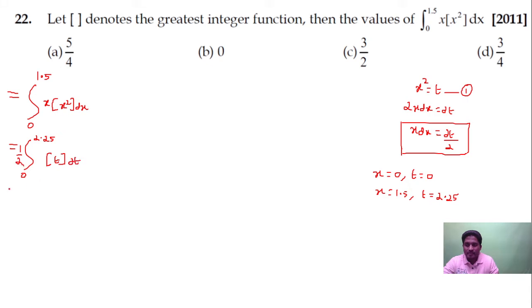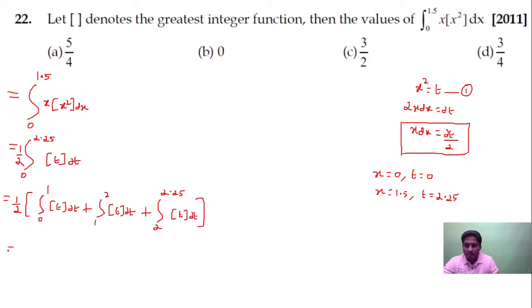So we have to write all the integral points. This is equal to half into a bracket: integration 0 to 1, plus integration 1 to 2, plus integration 2 to 2.25, of box t dt.